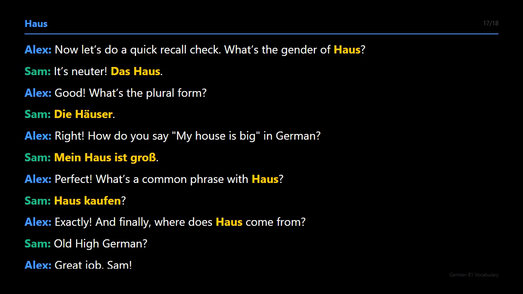Mein Haus ist groß. Perfect. What's a common phrase with Haus? Haus kaufen. Exactly. And finally, where does Haus come from? Old High German.